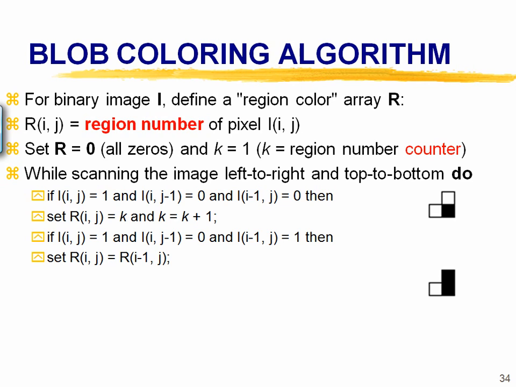The only two pixels I would have visited are this and this. So if this is a pixel I visited before and already assigned a color, then this is a continuation of that region and I want its color to be the same. You set this pixel's color to be the color of that pixel, and you don't increment the color counter.